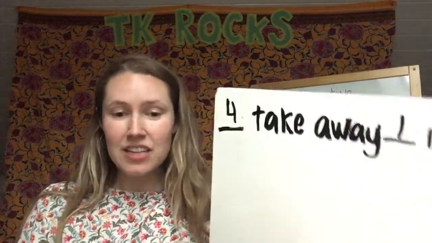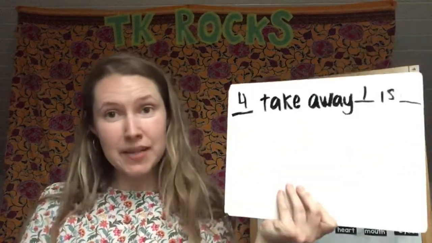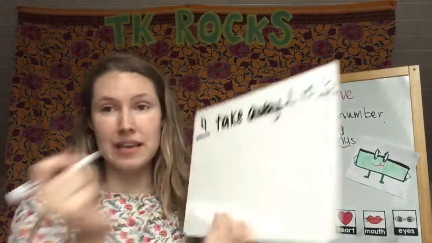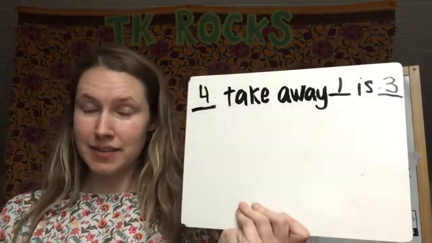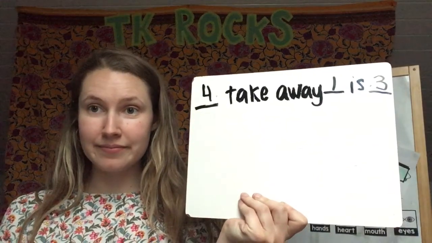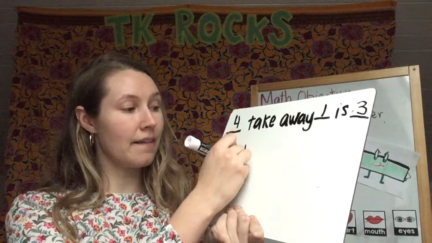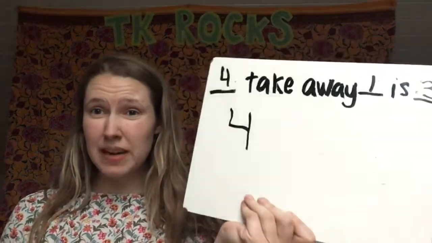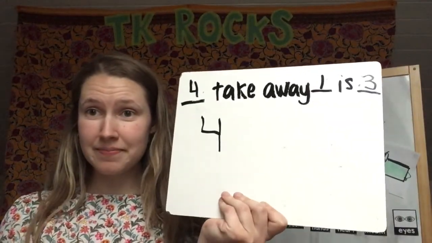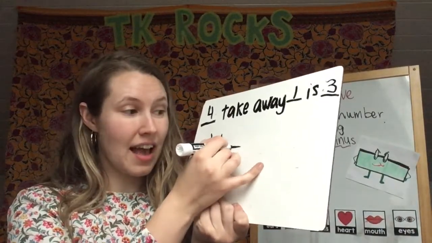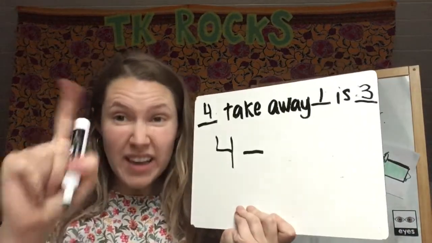3. So how would I write that as my number sentence? Now that I know that 4 take away 1 is 3, how would I write that as my number sentence? Well, I know I started with 4, and then who came in and took my Unifix cube away? Linus the Minus. So he snuck in there, and he took away 1 Unifix cube.